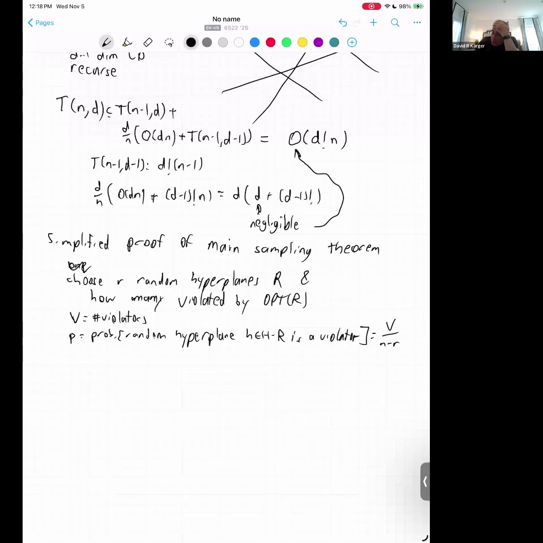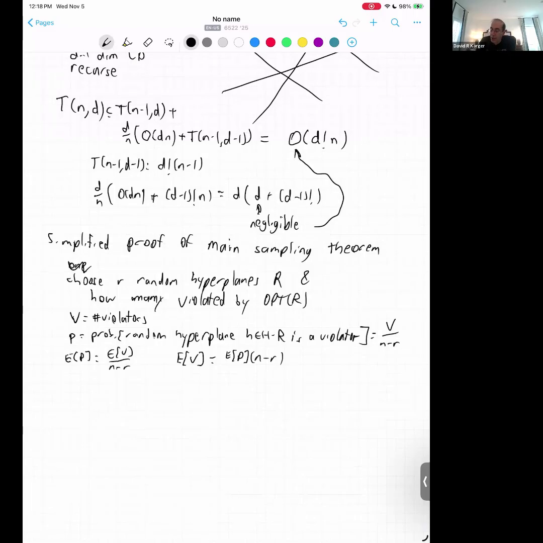Now, as I said, V is a random variable, but I can talk about the expected value of P as the expected value of V divided by n minus R, right? Which means that the expected value of V, which is what we care about, is just the expected value of P times n minus R. So if I can tell you what P is, then I can tell you what V is.